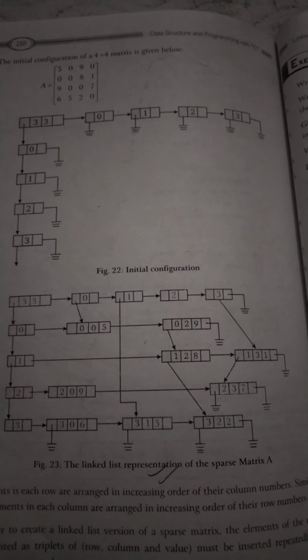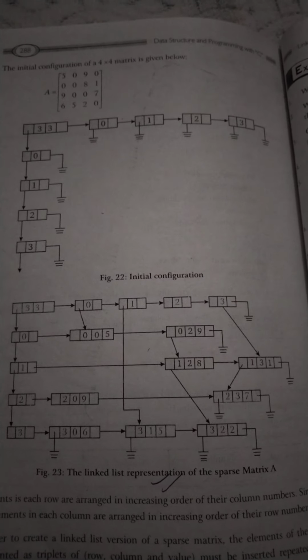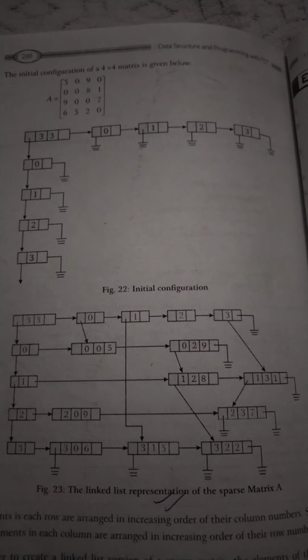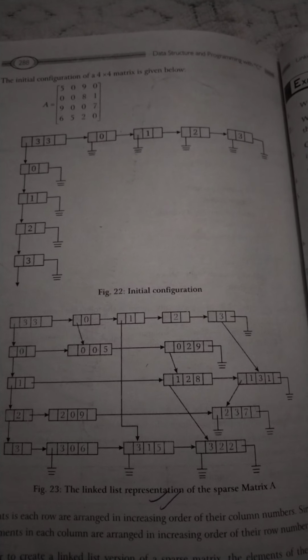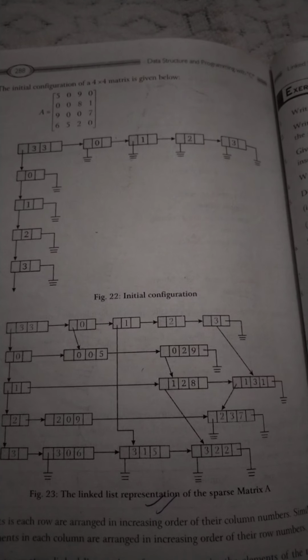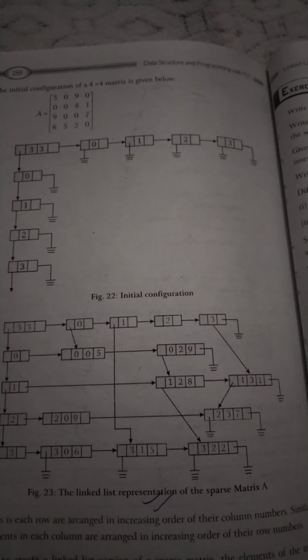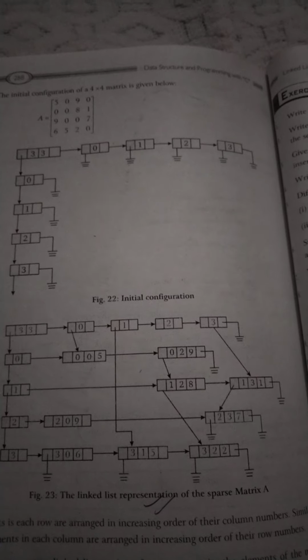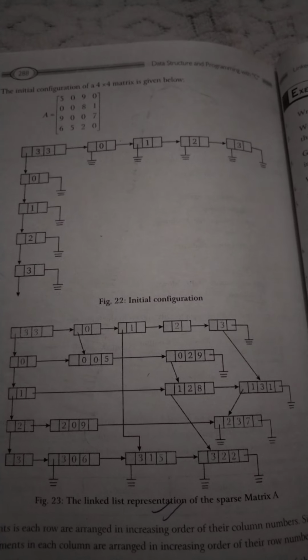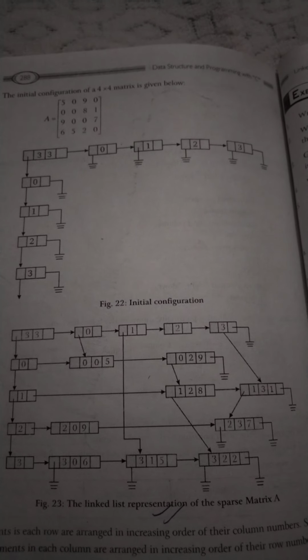So this is a linked list representation of sparse matrix A. You can see it is saying 3 rows, 3 columns. It is defined 0 1 2 3 for rows and columns, and then it is specifying each and everything.